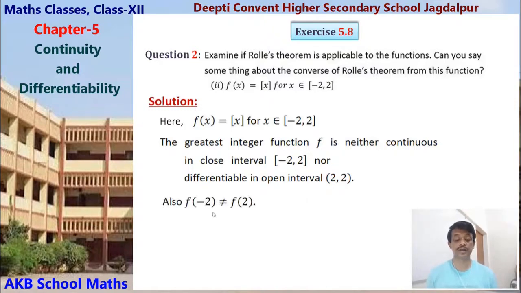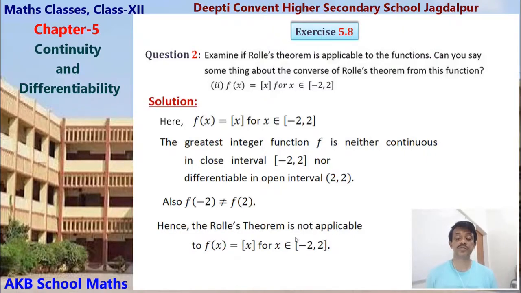Also f(-2) and f(2) are not equal: f(2) equals 2 and f(-2) equals -2. So the three conditions are not satisfied. Hence Rolle's theorem is not applicable to the function f(x) equal to the greatest integer function for the interval x belongs to [-2, 2].